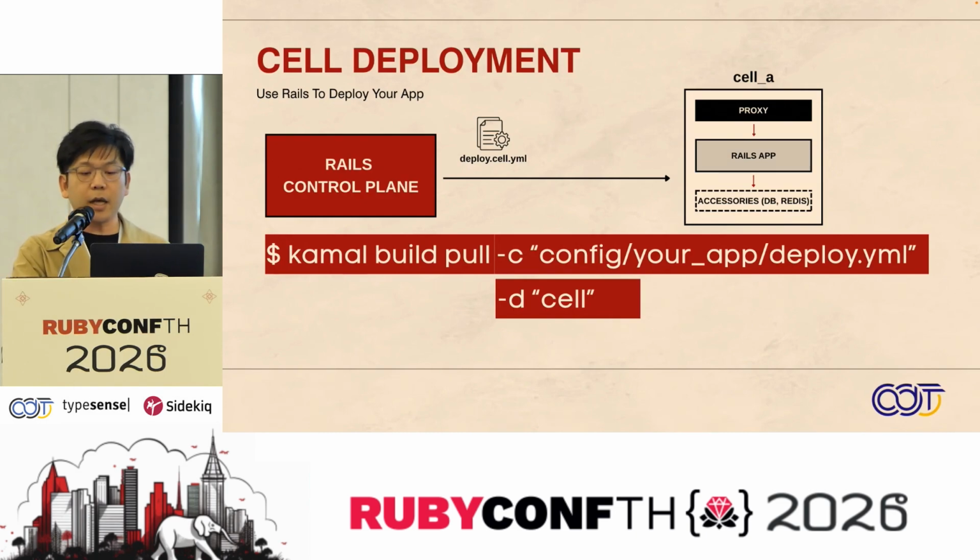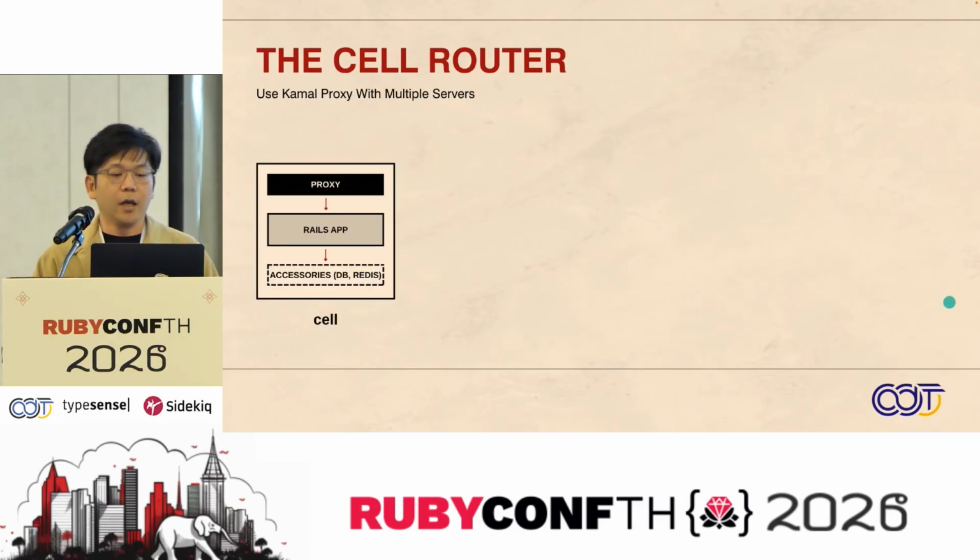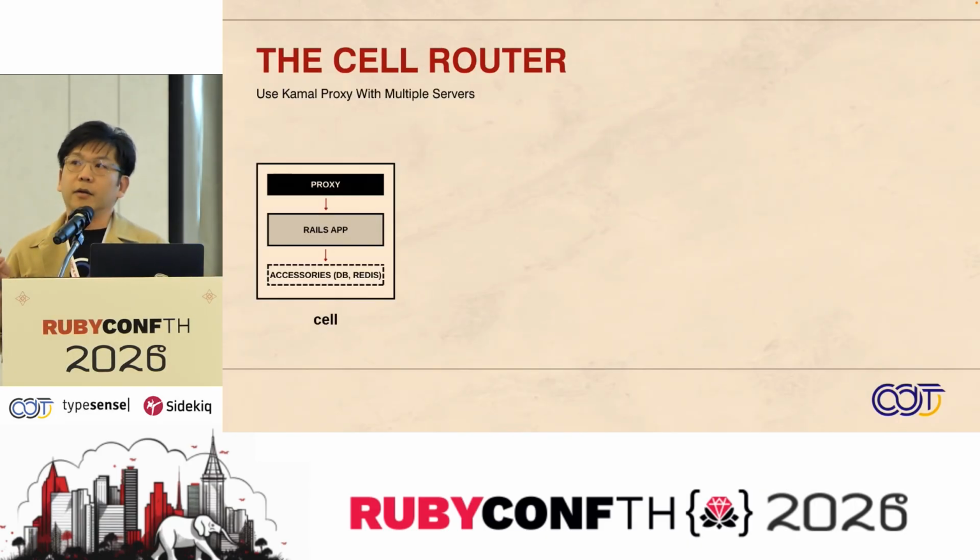But in our setup, with the Rails control plane, we need to tell it another version to come out, so it will use the image that we already prepared for it instead of using the revision number. Okay, then we have the control plane to deploy our app into the cell, right?